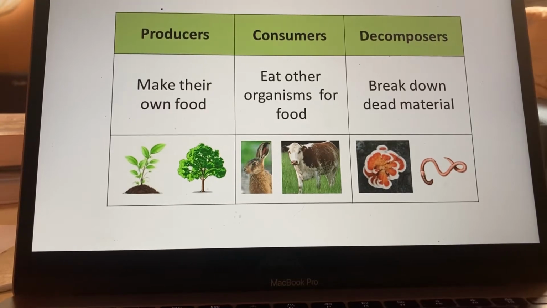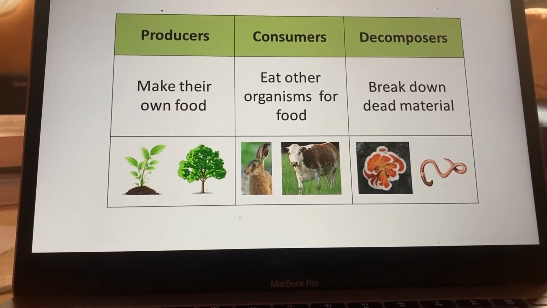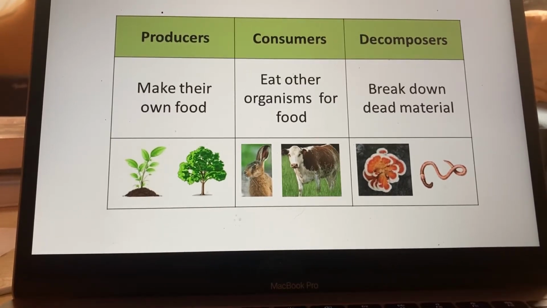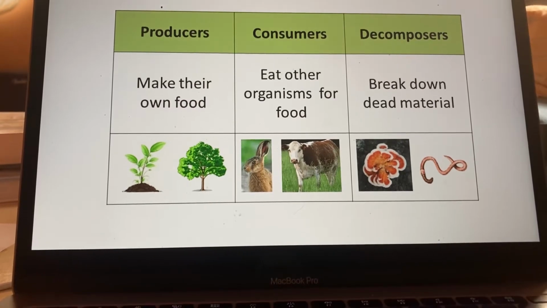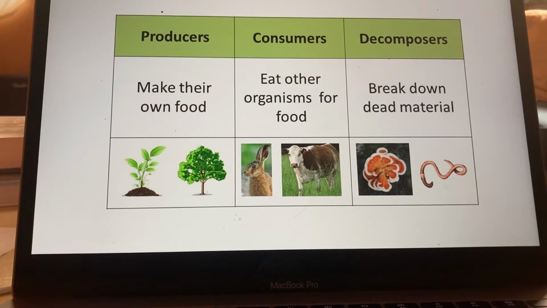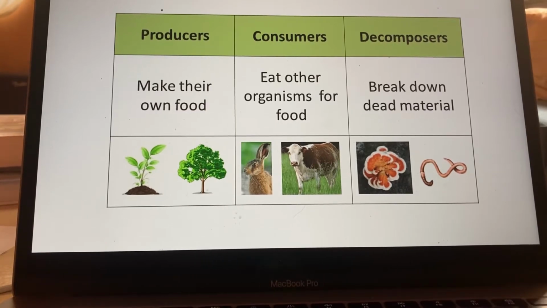Okay, next student, Grant. Please read the second column. Okay, good job. Consumers eat other organisms for food. So what does that mean? It means that a cow has to eat grass to survive, right?